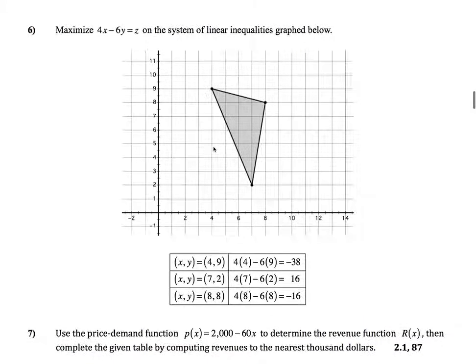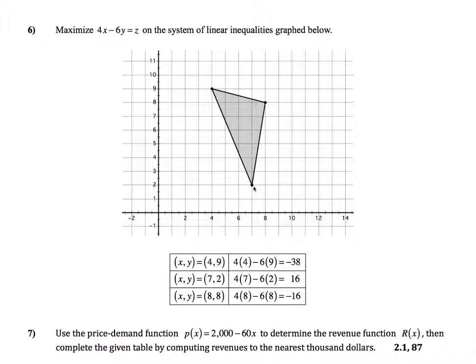Alright, now in question 6 we're going to maximize this equation on this system. Well, what is z? Z is some value that we get for any point on this graph for this equation. And so our maximum value is going to come at one of these corner points.